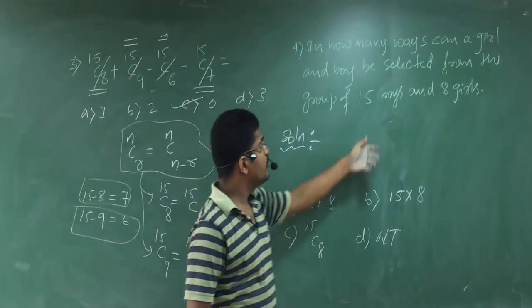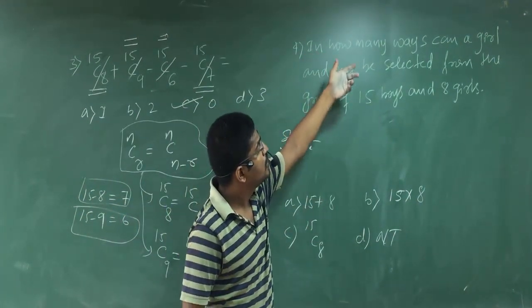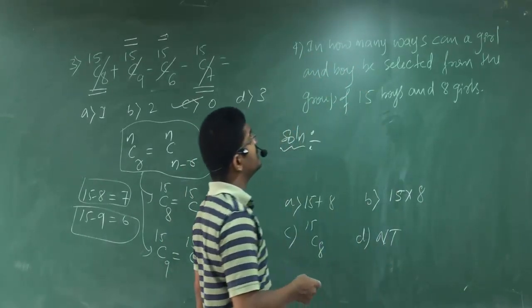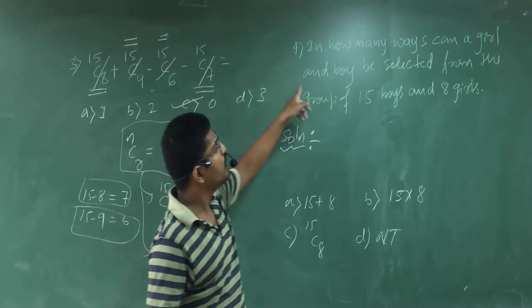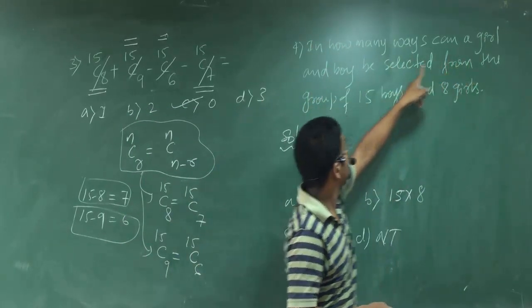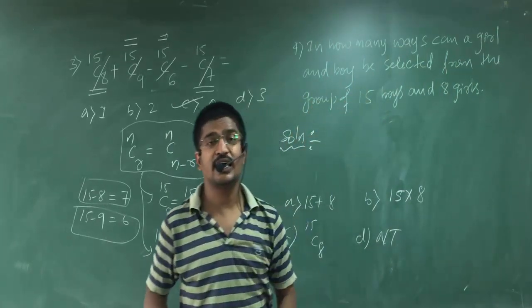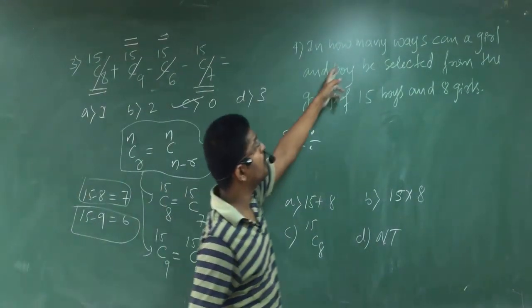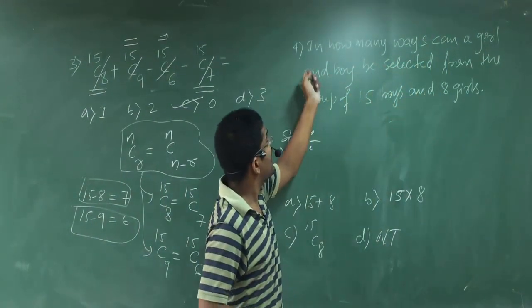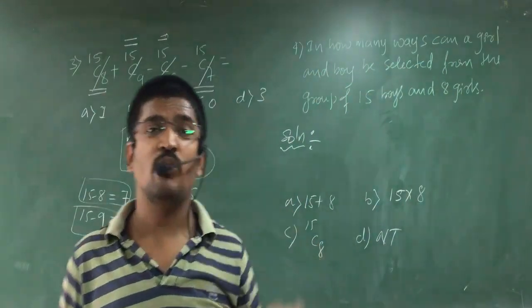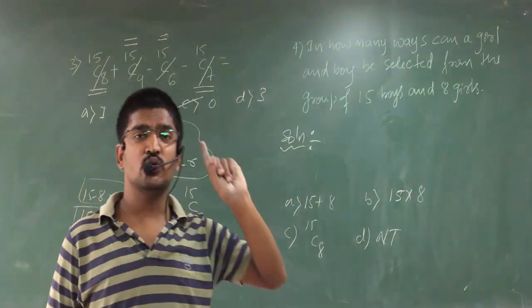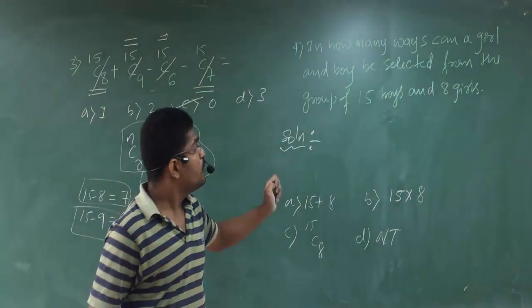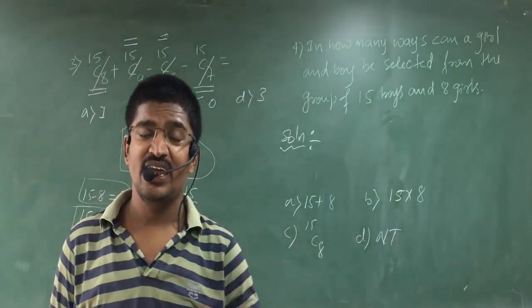That means one girl and one boy has to be selected from the group of 15 boys and 8 girls.